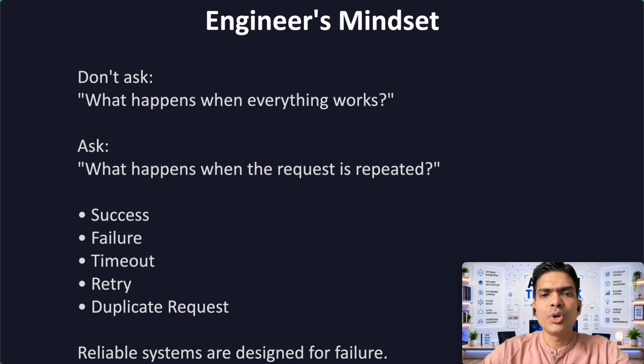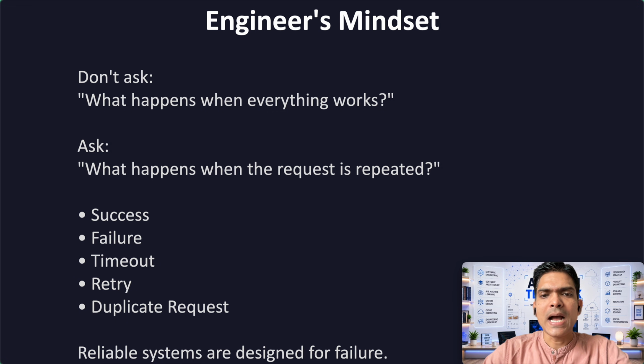And this brings us to an important engineering mindset. We should not just ask what happens when everything works. We should ask what happens when the request is repeated. What happens on success, on failure, on timeout, on retry, on duplicate request.